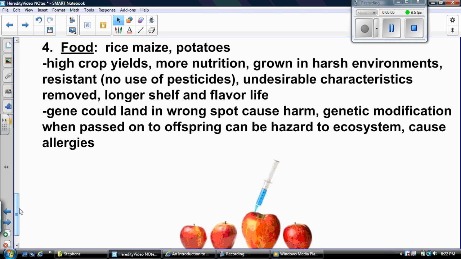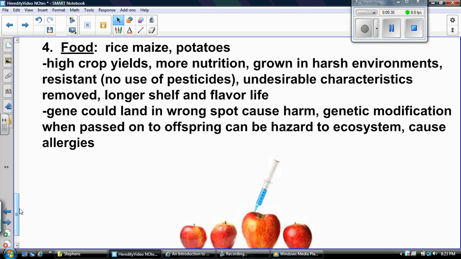Okay, we also use genetic engineering in food. Okay, so rice, potatoes. Basically, the reason why we do this is we want higher crop yields, more nutrition. We want to be able to grow foods in harsh environments that normally can't grow as many foods. We want these foods to be resistant to disease, so we don't have to use pesticides, which is actually a good thing.